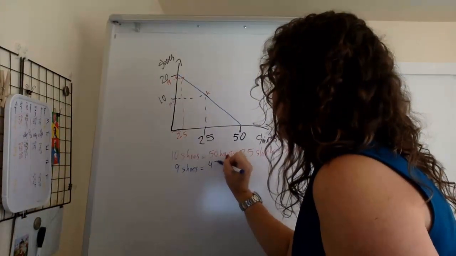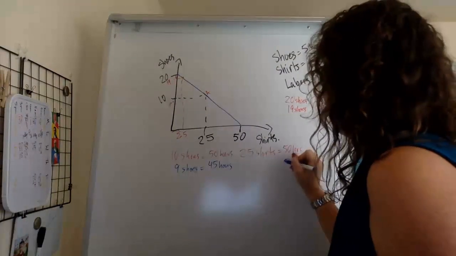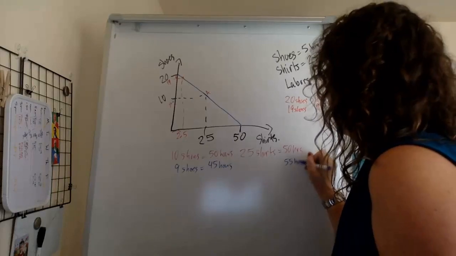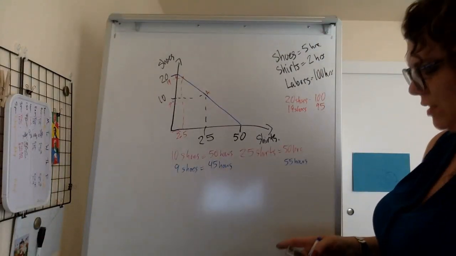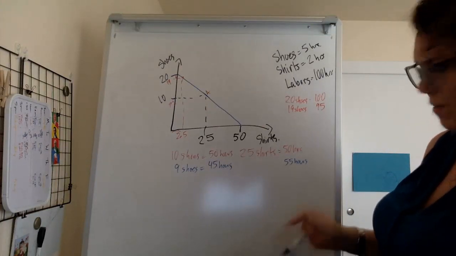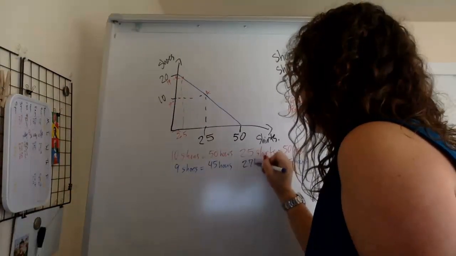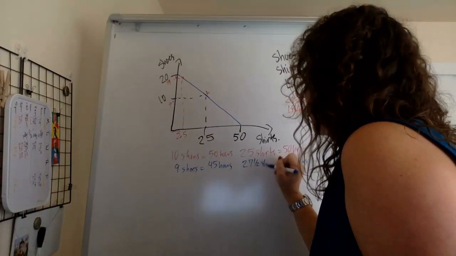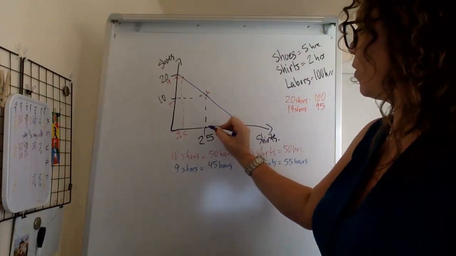So that's going to be 45 hours, which means now we'll have 55 hours to make shirts, which means that in 55 hours, we could make 27 and a half shirts. Which is 2.5 more.